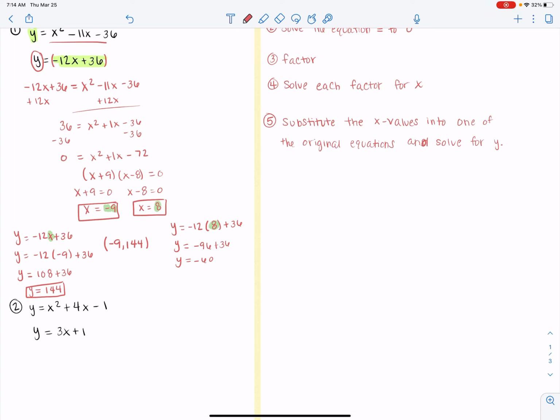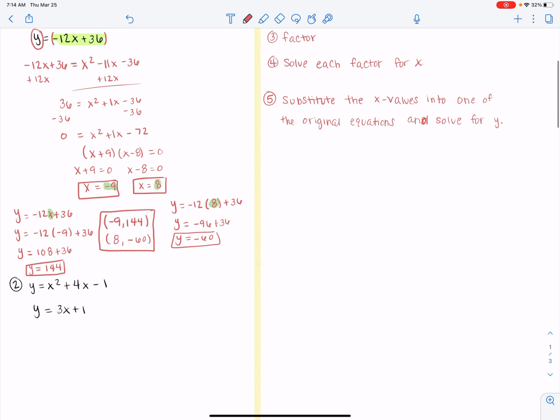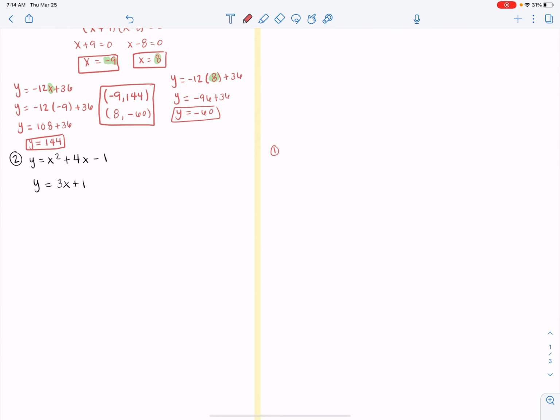So I also know they crossed when x was 8 and y was negative 60. So this quadratic and this line will cross at 2 points, negative 9, 144, and 8, negative 60. All right, example 2. First, I want to make sure the linear equation is solved for y.